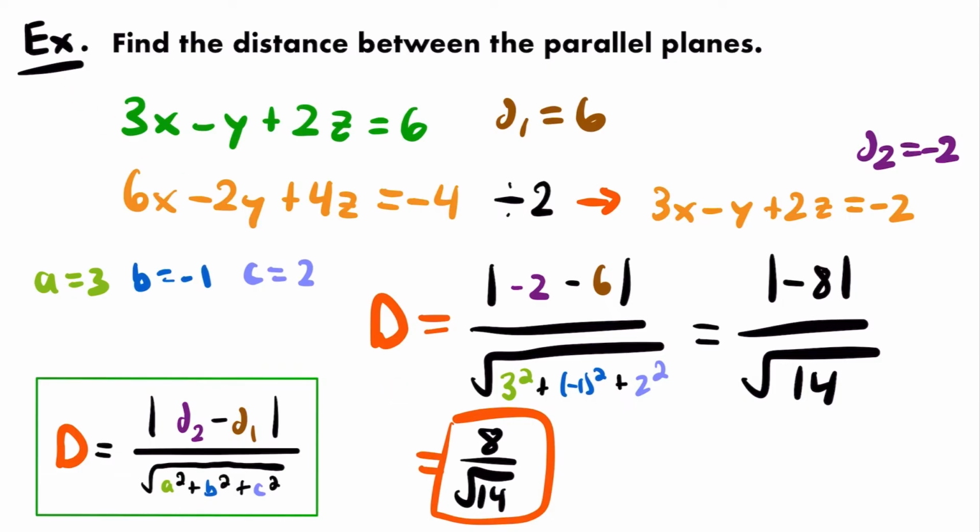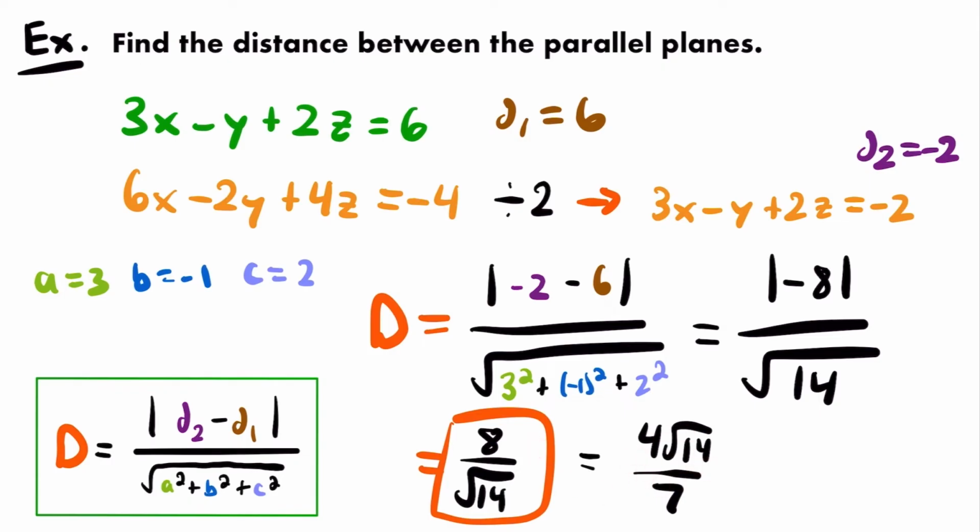And once again, just like with our other example, if you don't like having square roots in the denominator, if you like to rationalize your answers, another correct answer would be 4 square roots of 14 divided by 7. You would get that if you multiplied this answer by a form of 1, the square root of 14 divided by itself. If you did that and then simplified, this would be the rationalized answer that you would get.